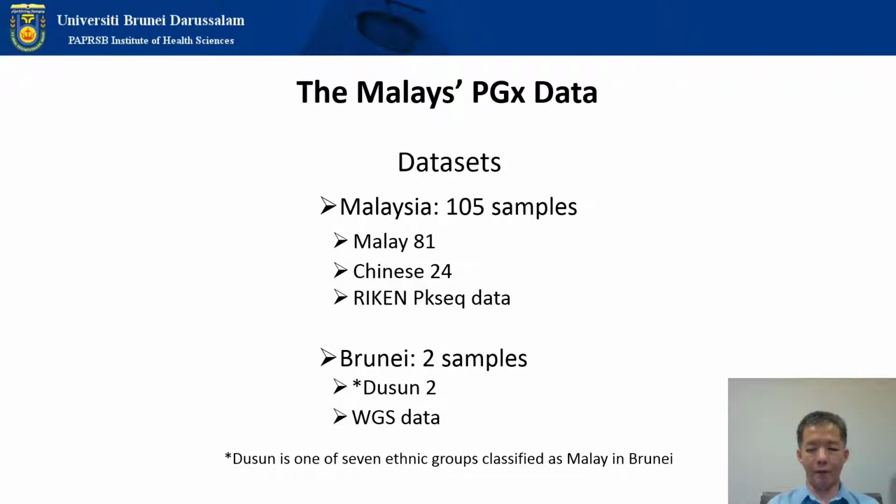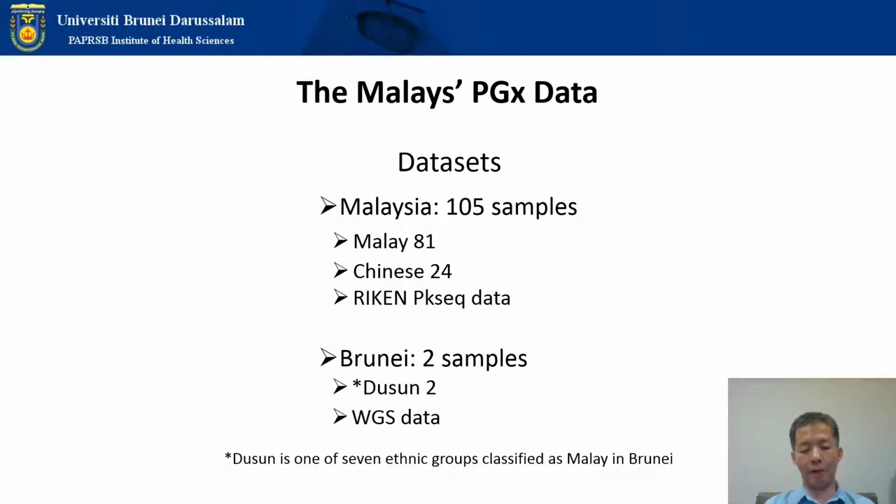Okay, so what we then did was we compared the two population groups. Our Malaysian data came from our colleagues at University Malaya and University Science Malaysia. This is the sequencing data of 100 pharmacogenes done by RIKEN in Japan.